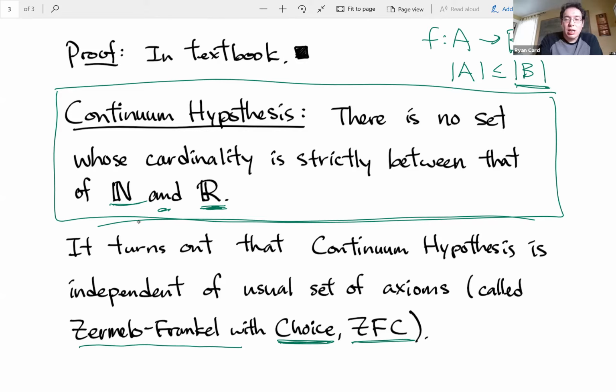So if you see the letters ZFC, that means the usual set theory that mathematicians use, including what's called the axiom of choice, which is a little bit controversial, so some mathematicians don't like it, but most mathematicians think the axiom of choice is a reasonable axiom.